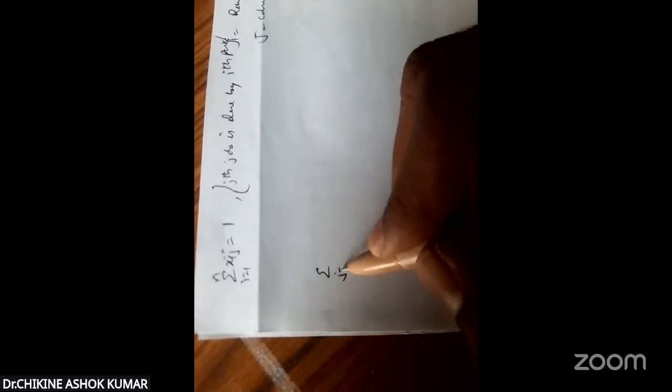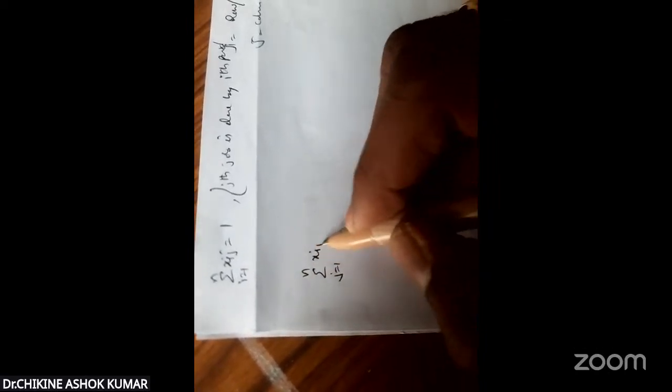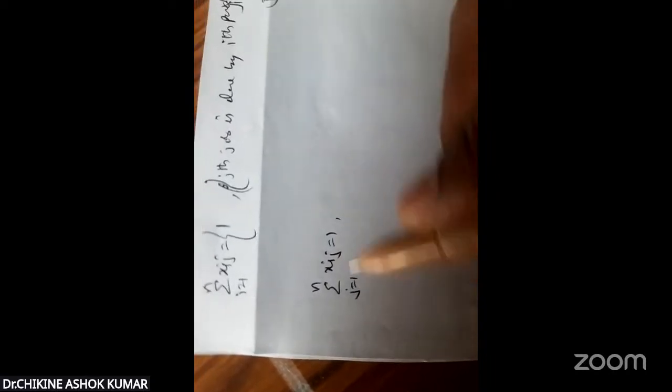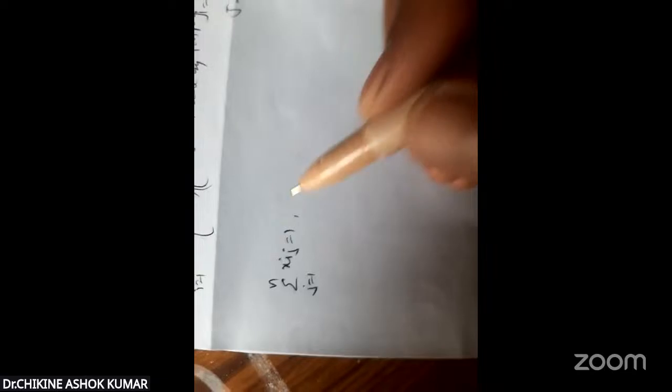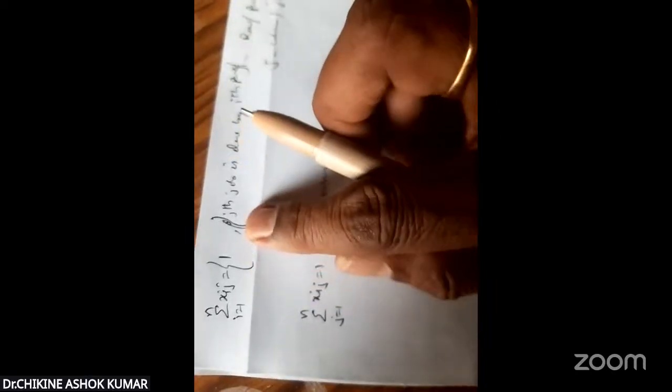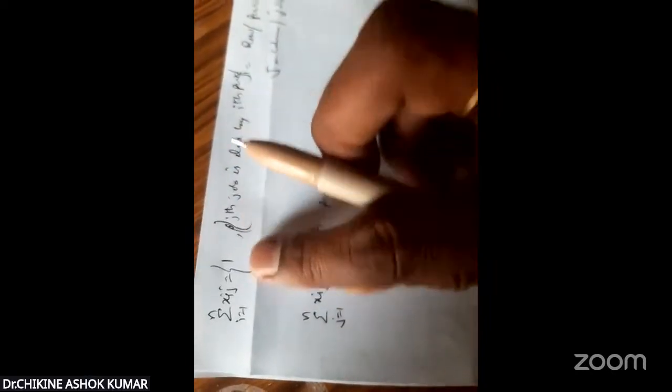Suppose it is like this, summation j equal to 1 to n, xij equal to 1. In this case, I am fixing the i value and replacing the j values. So j equal to 1, 2, 3, 4. It means xi1, xi2, xi3. Previously I fixed j, meaning the job.